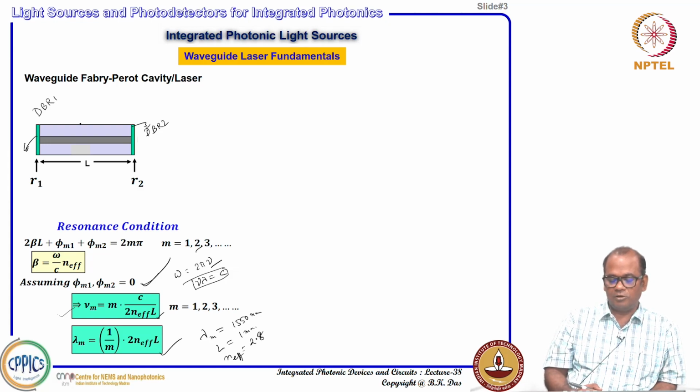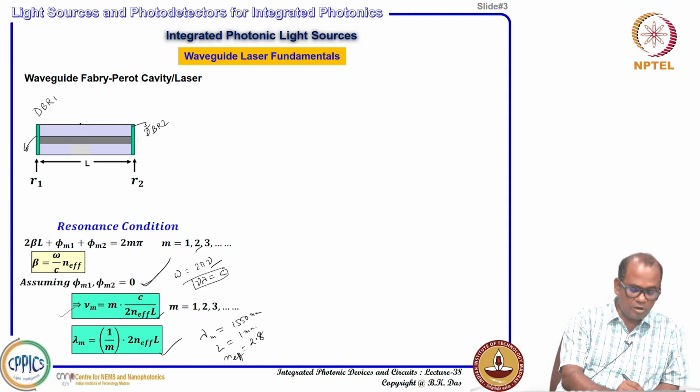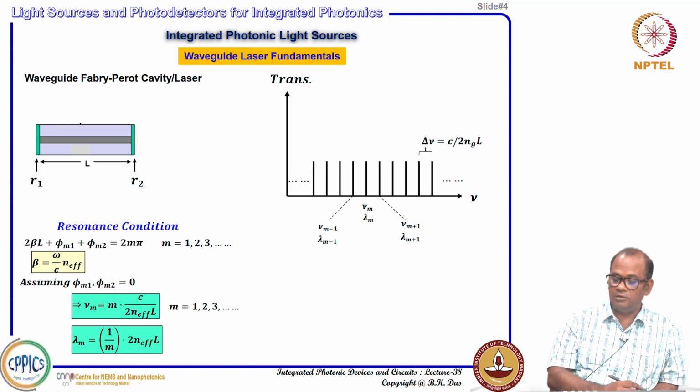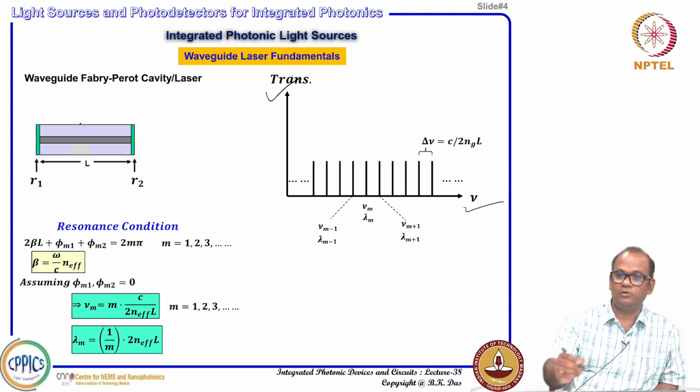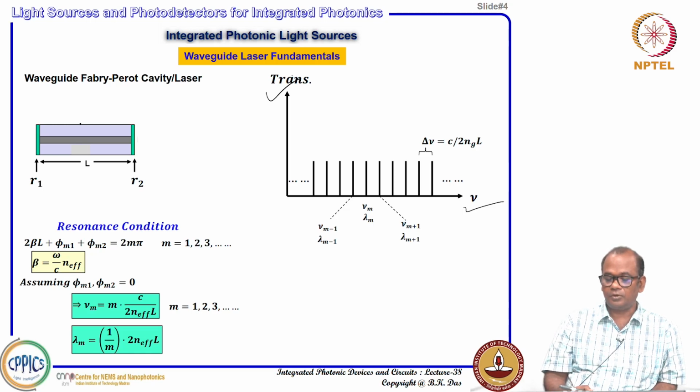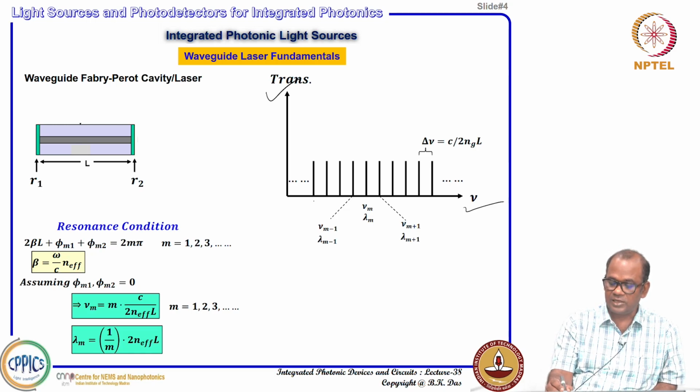So, it is called longitudinal modes, and if you want to represent those longitudinal modes as a function of frequency, here the x axis is the frequency and the y axis is the transmission.